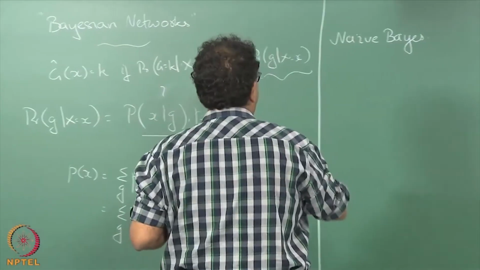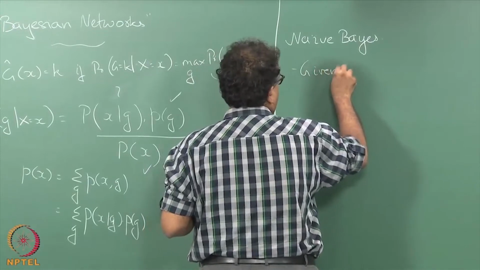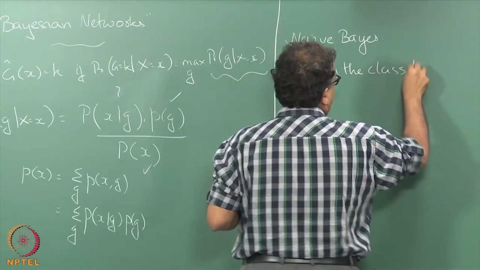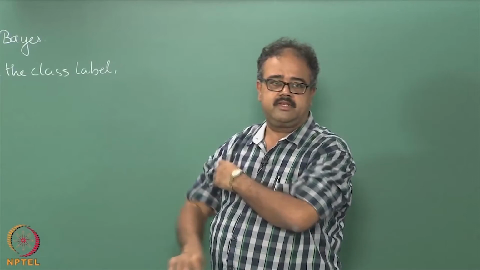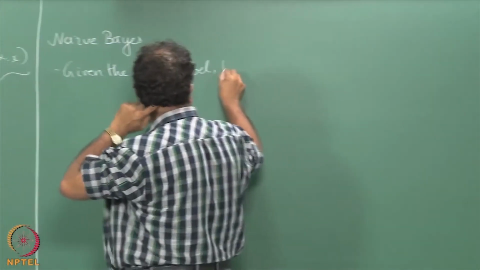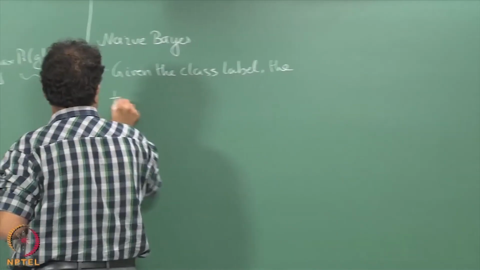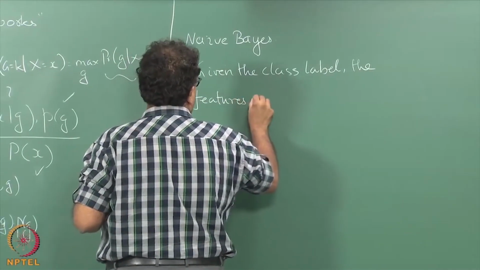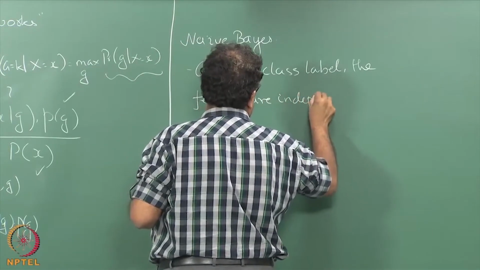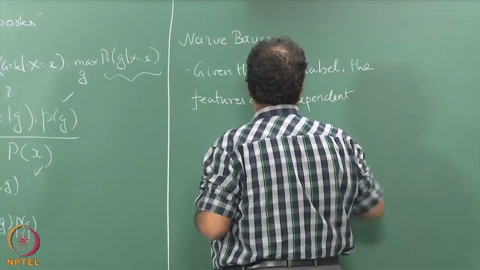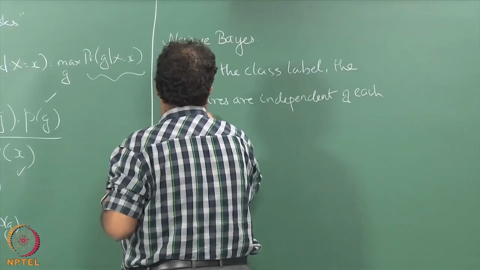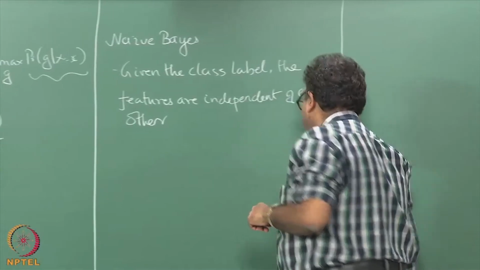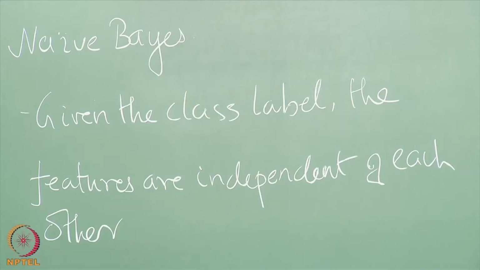It says that given the class label, the features are independent of each other, right.